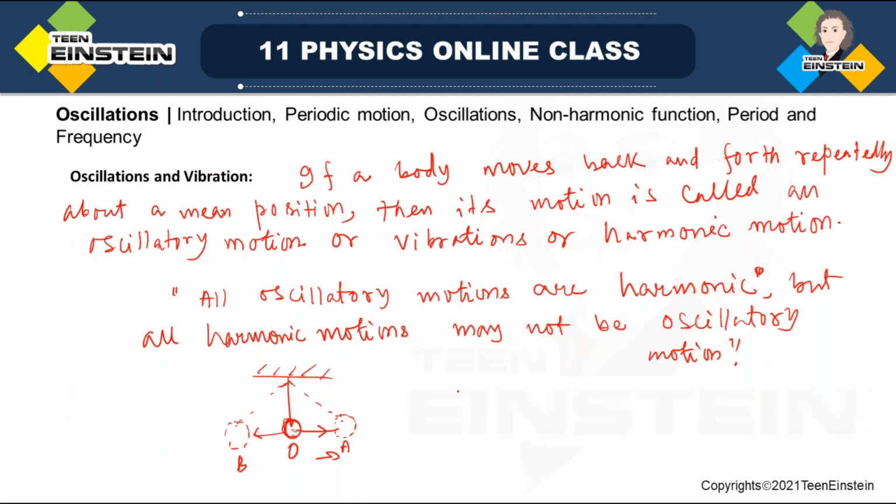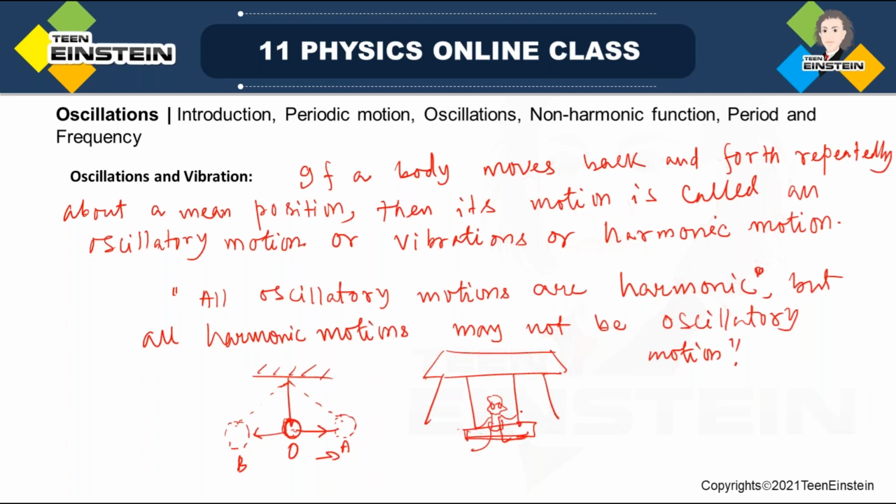This is oscillatory motion. I can give you another example, like the swing. The swing also is an oscillatory motion. It goes back and forth.